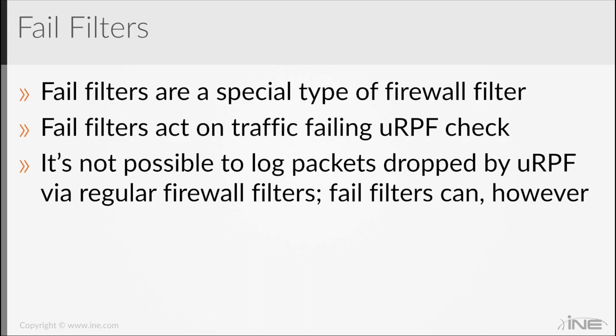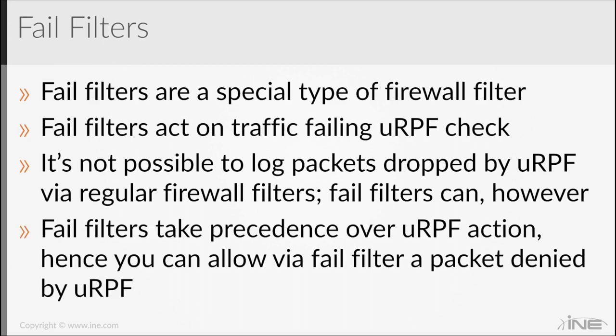So the firewall filter is never going to see it, even if it's a drop. However, if you do a fail filter, then you can log those packets because it happens after the URPF check. Now you can allow a fail filter to actually override the decision of URPF.